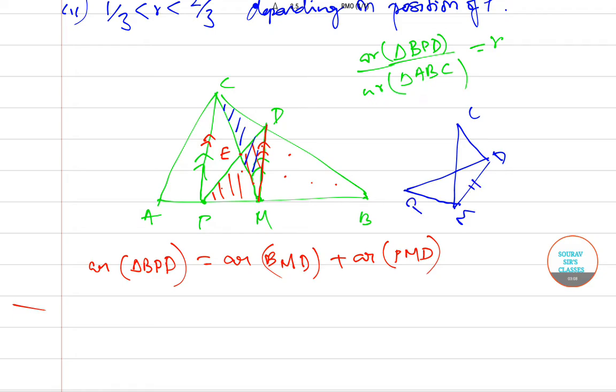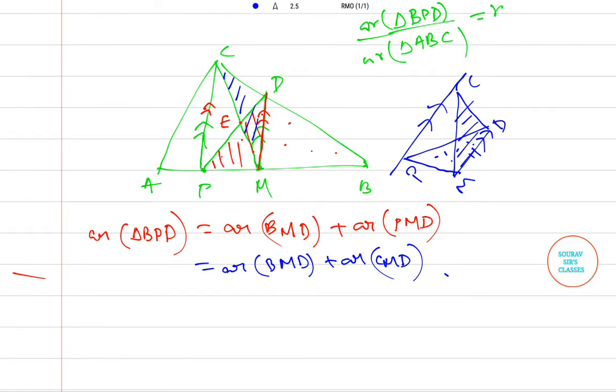They have the same base and they exist between the same parallel lines. So the area of this triangle will be equal to the area of this triangle. So we can write this expression as the area of triangle BMD plus the area of triangle CMD.